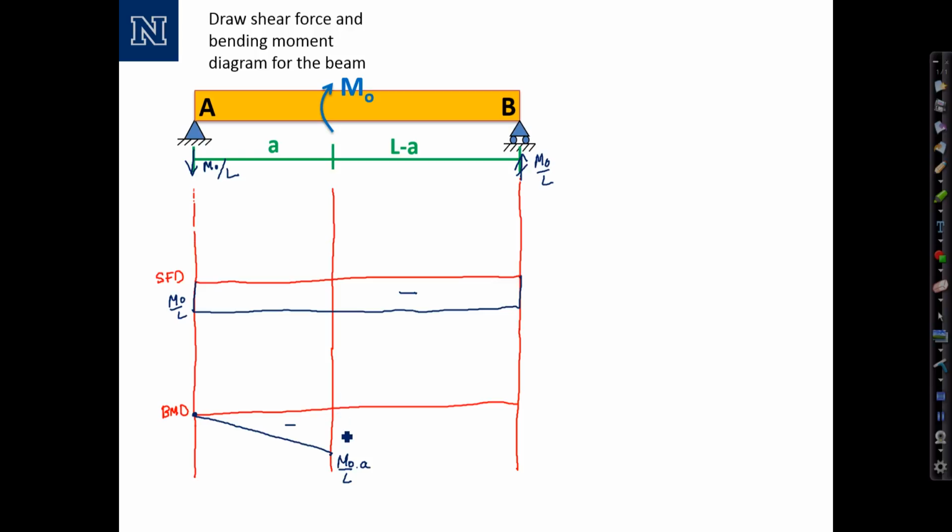Now we reach the concentrated moment in the middle, and the bending moment diagram jumps up by an amount M naught, which will make our moment in the middle equal to M naught times 1 minus a over L. Simply this value, which is negative, plus M naught. And then the moment diagram continues to decrease linearly and comes back to 0 at the end, which we could check fairly easily.